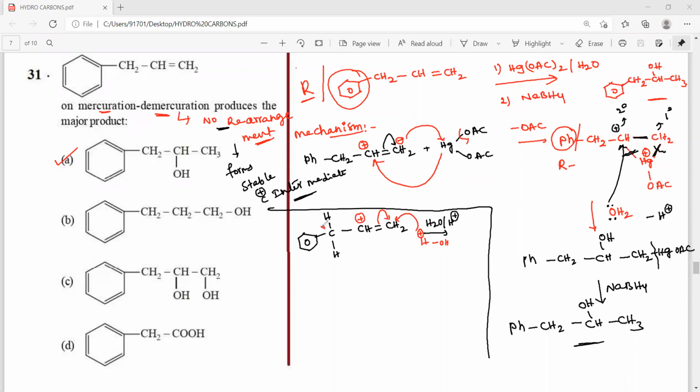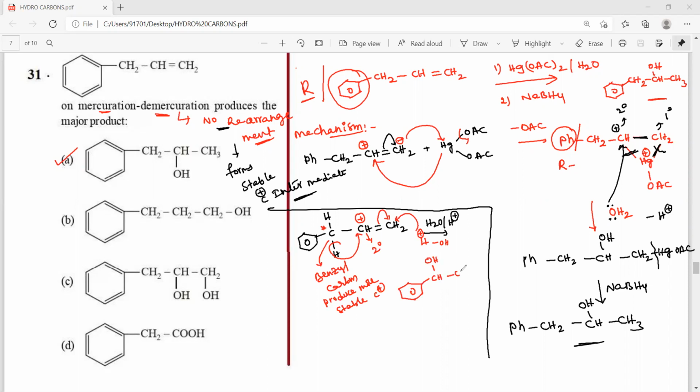It is a benzyl carbocation, more stable carbocation when compared with the secondary. That's why hydrogen shifting takes place and it rearranges to give the final product like this.